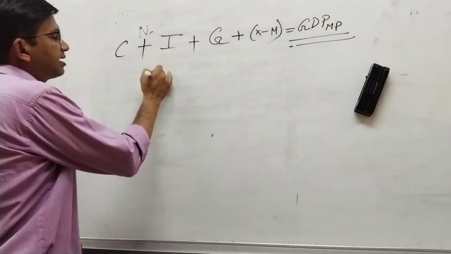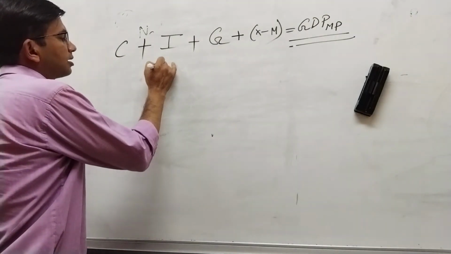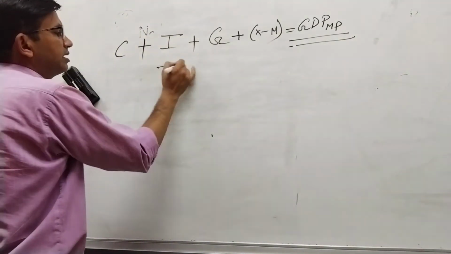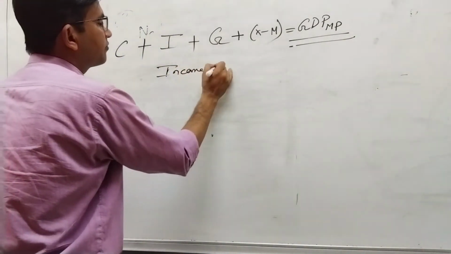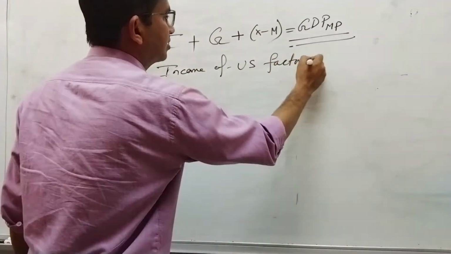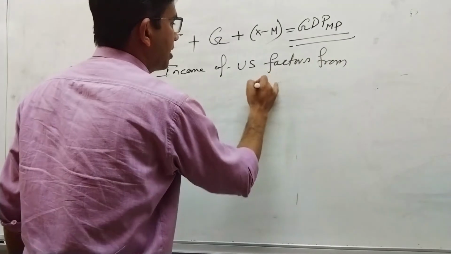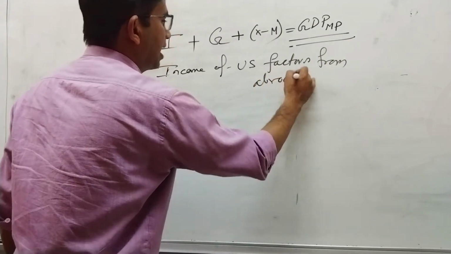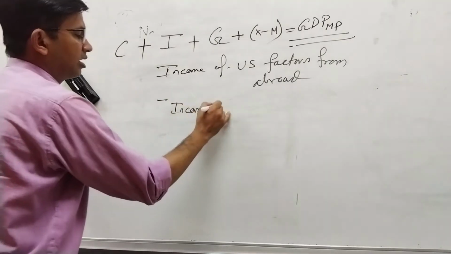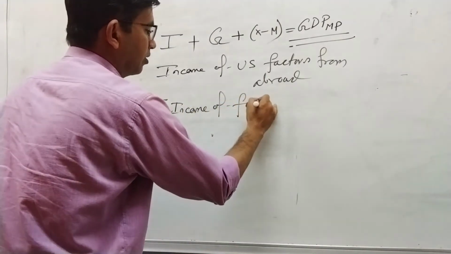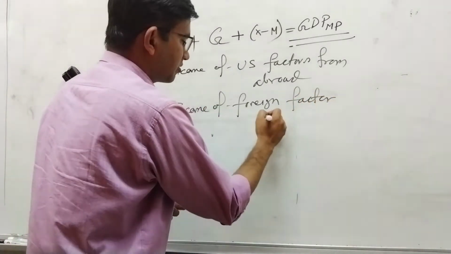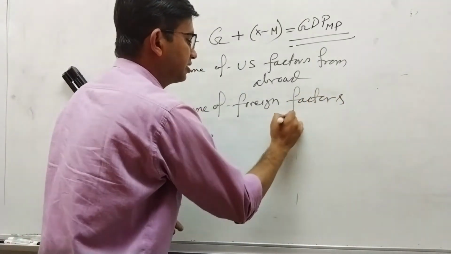We have to add the income of US factors from abroad, and we have to subtract the income of foreign factors in the USA.